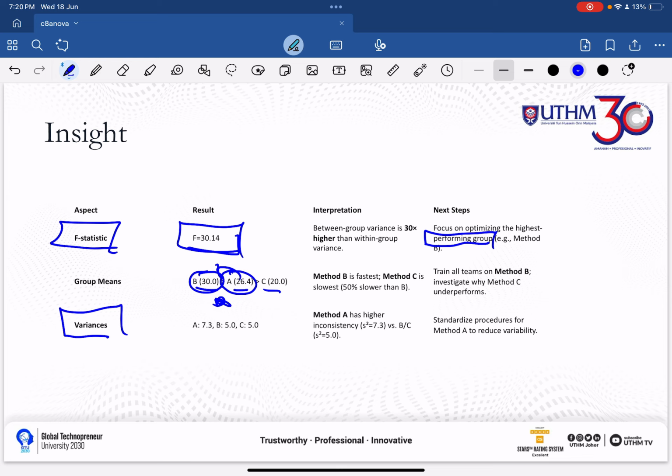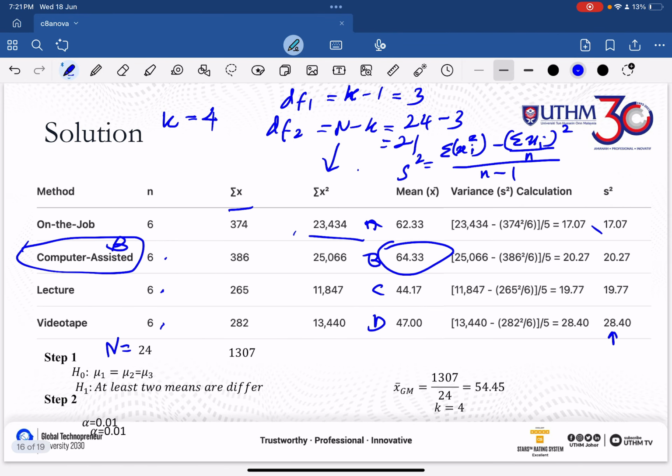The higher the variance, the higher the inconsistency. Okay, so we see here the highest value of variance is for method D.